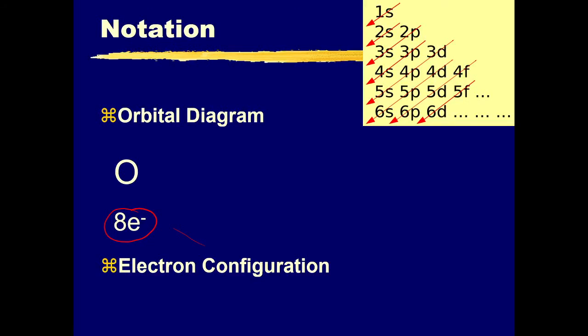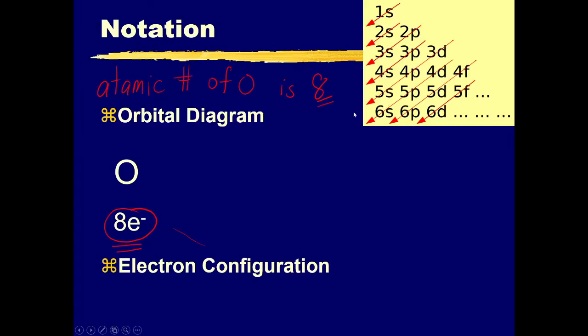So take note, the atomic number of oxygen is 8. Therefore, the number of electrons is also 8. Now, let's begin with 1s.